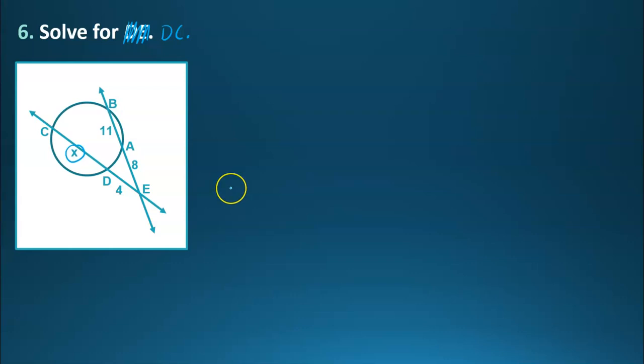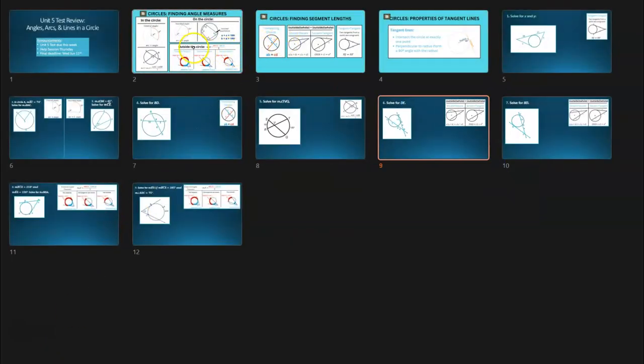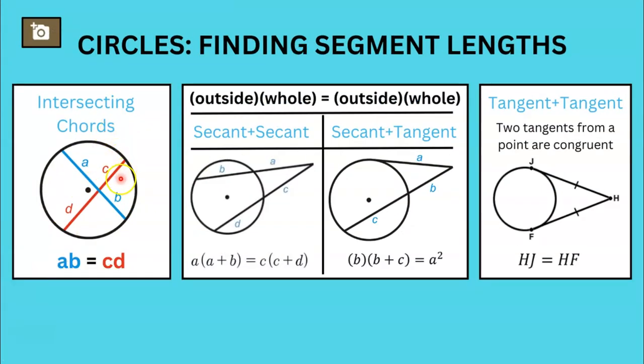So here, I'm being asked for a length. It's this length right here that's inside the circle. So I'm going to go to my finding segment lengths slide, and I'm going to see a section that looks like this. It looks like a lot, but it's going to be kind of a process of elimination. What you're going to see is there's a bunch of stuff happening outside the circle.